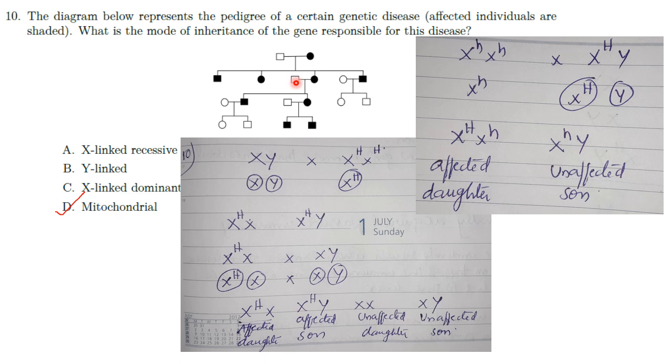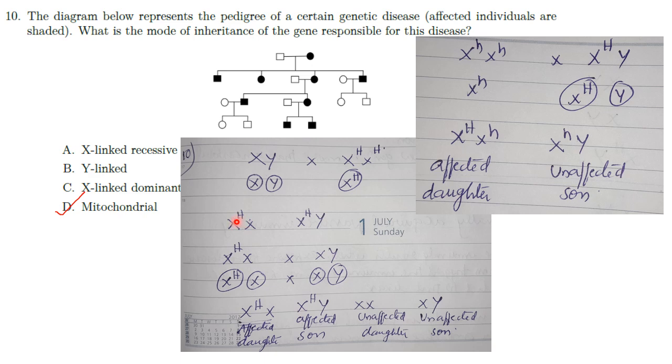But if you see the second generation here, this offspring will have the genotype X capital H and X small h, because one X will be obtained from the father and the other X will be obtained from the mother. The mother has the disease, so naturally the child will be carrying the disease and one X will not be affected.